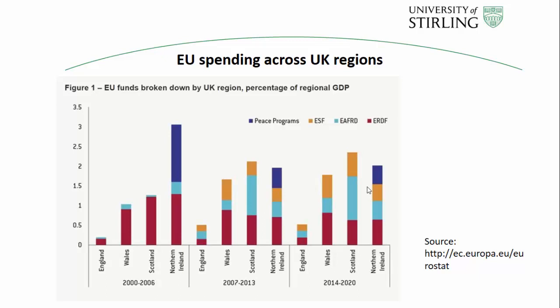That's the EAFRD, and on top of that, there's also a figure for regional funding, the ERDF. So taken together, we see that England benefits much less from all those funds than other regions in the United Kingdom. And Northern Ireland has also benefited greatly from monies earmarked for peace building.